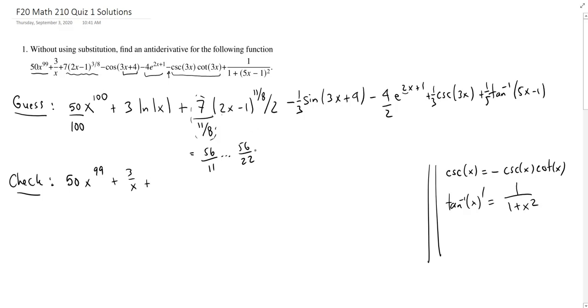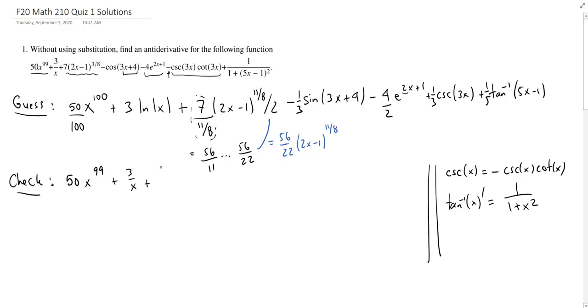Plus, now over here there's just a jumbled mess, so let's rewrite it so that we know what we're talking about. We ended up with 56 over 22 times 2x minus 1 to the 11/8 power. First thing I do is bring down the 11/8 when I take the derivative.